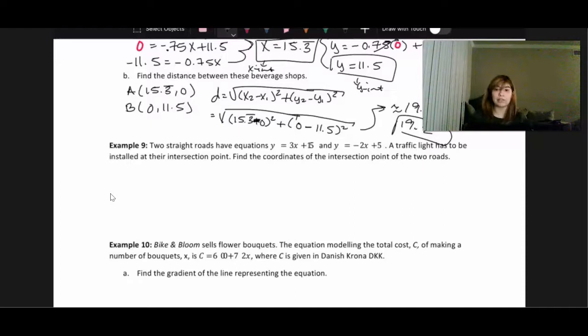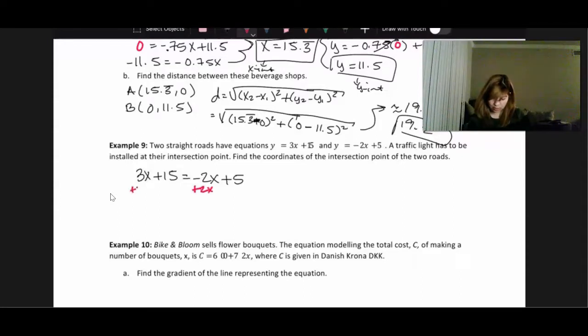So what you do to find intersections is make them equal to each other. So 3x plus 15 equals negative 2x plus 5, and then you solve for x. There's a lot of different things we can do.